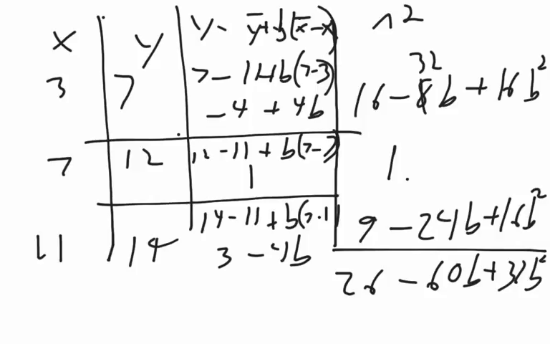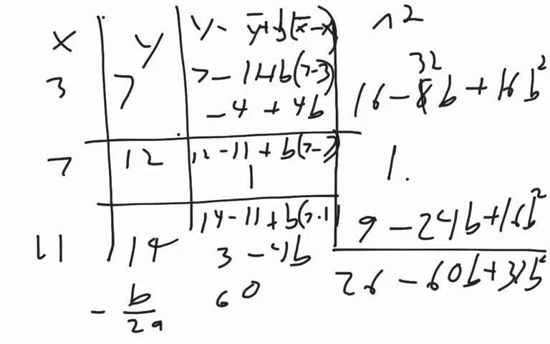So going back to our good old-fashioned parabola, whenever you want to get the vertex of a parabola to find the minimum or the maximum, and this time it will be a minimum because the parabola is going up, you do negative b over 2a, different b.